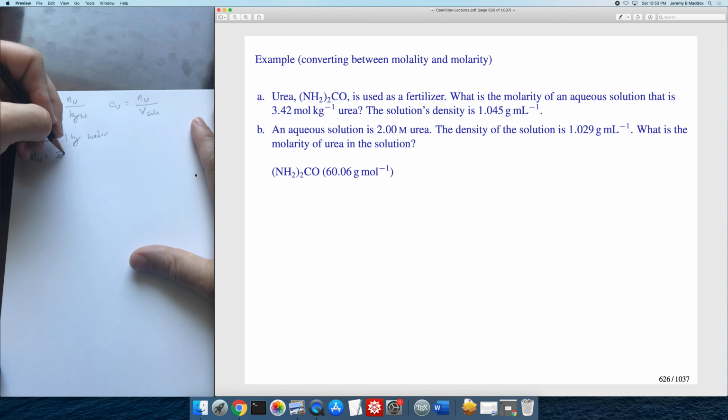So I'm getting a volume of 1.15 liters. And then to get the molar concentration, we'll take the number of moles, 3.42 moles, divided by 1.15 liters.